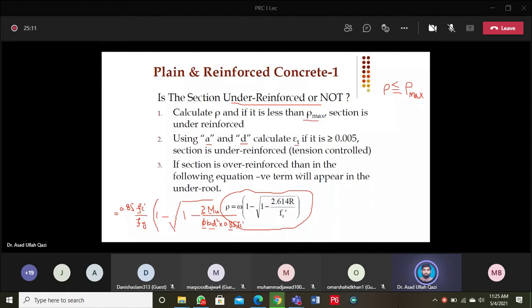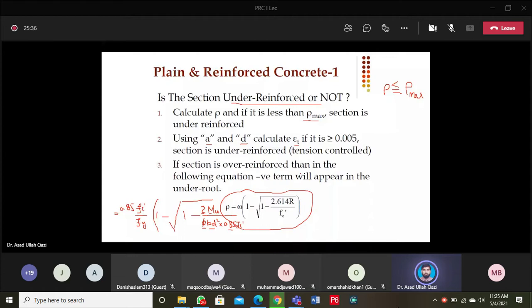The other thing is that if you have the strain diagram, from that strain diagram you can convert a into c or c into a, the neutral axis depth into Whitney's uniform stress block depth, or convert the uniform stress block depth into neutral axis depth, and you can use the equations to determine the steel strain.